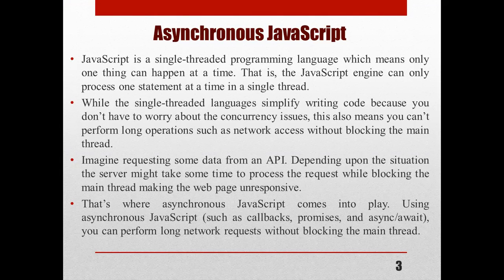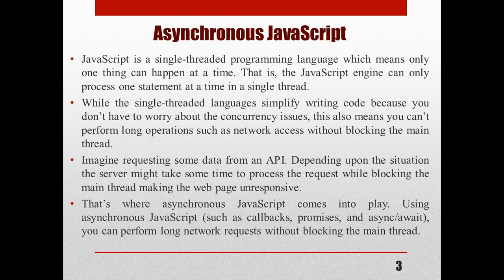We have seen IO blocking and non-blocking. That is, without blocking the main thread, you cannot perform that kind of task using a single thread. So imagine requesting some data from an API.